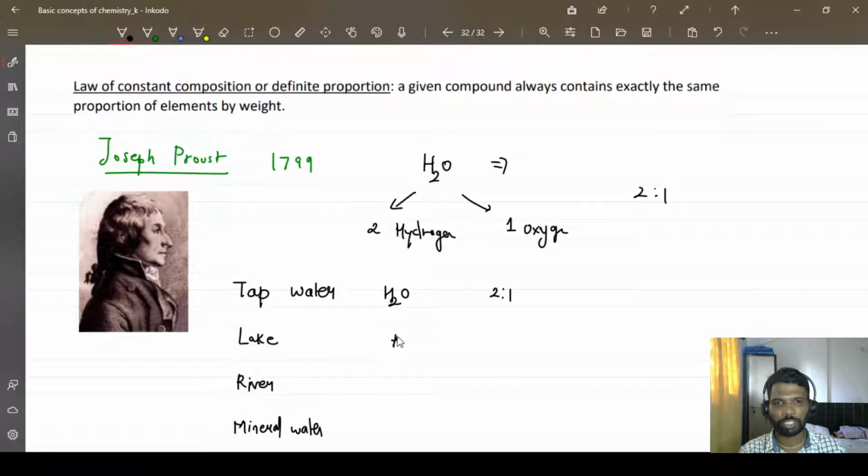Everywhere it will be H2O. This is the meaning of this law: irrespective of the source, a given compound always contains exactly the same proportion of the elements by weight, and that's it.